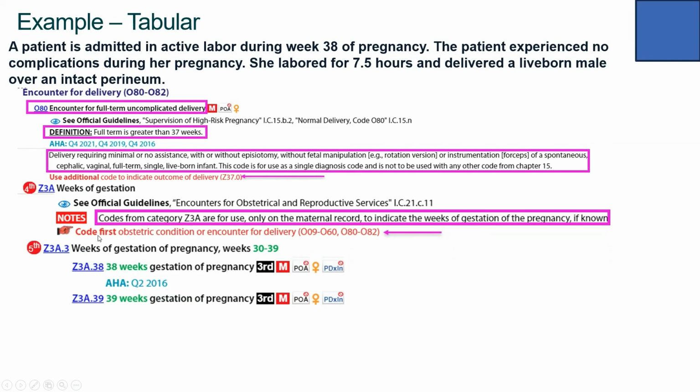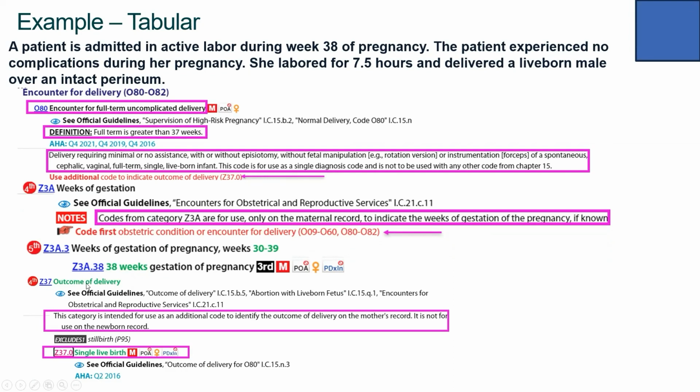And then we have a code first note, which we know because this can only be a secondary code. We have a reminder here that codes from category Z3A are for use only on the maternal record to indicate the weeks of gestation of the pregnancy, if known. And then we have our outcome of delivery, which we got from the alphabetic index as Z37.0, and that's a single live birth.